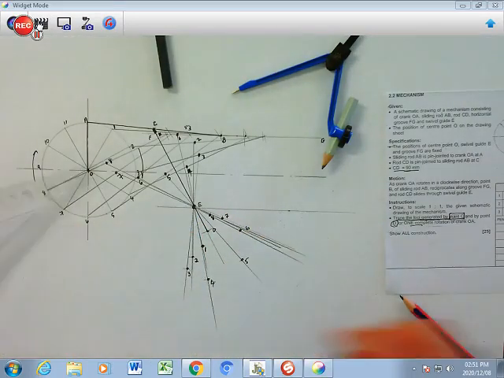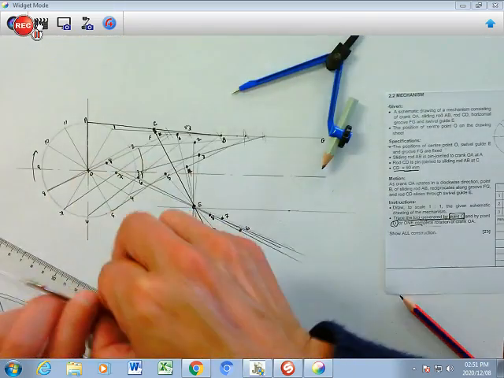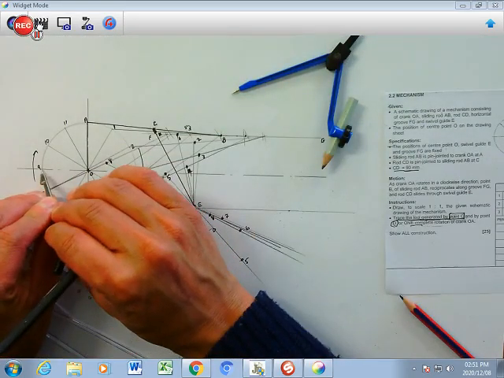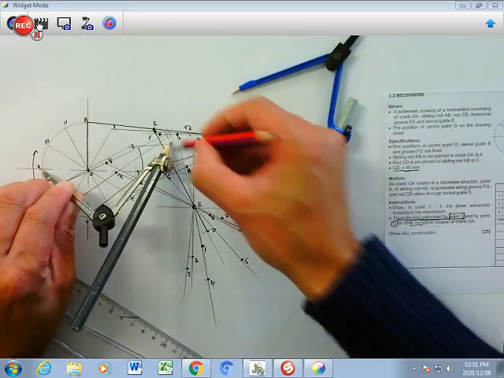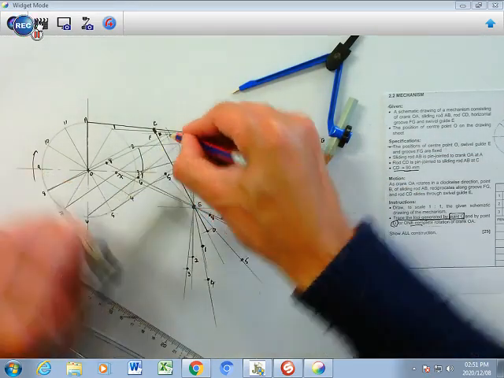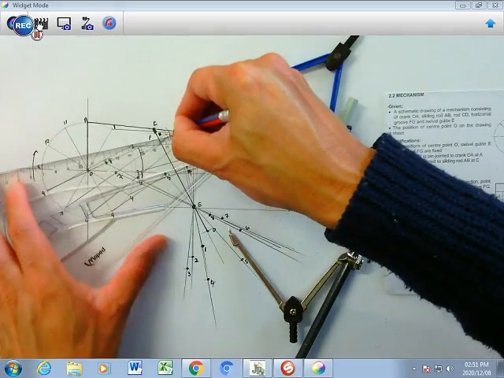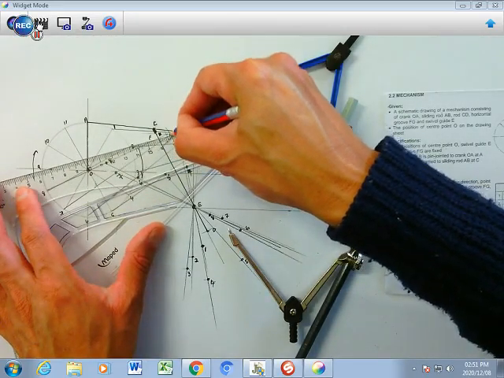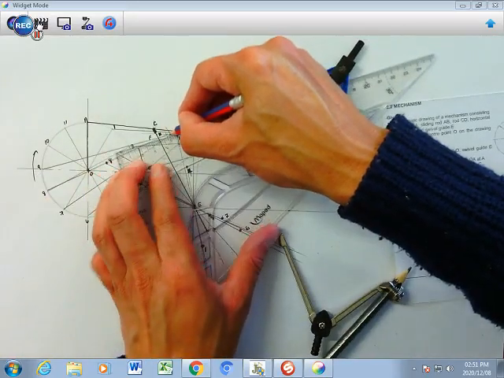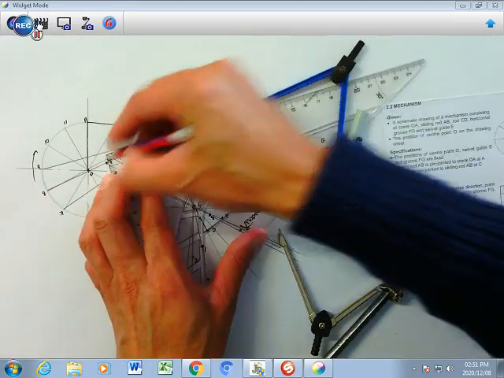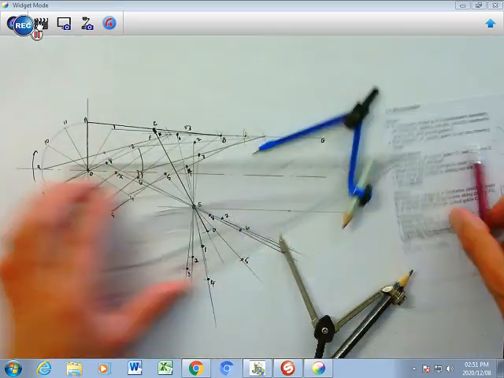Okay, number 9. I'm here now, number 9. I cut off there. Careful now, it's a lot of lines there. I draw a line to number 9 there. I measure my 53. There's my 53.